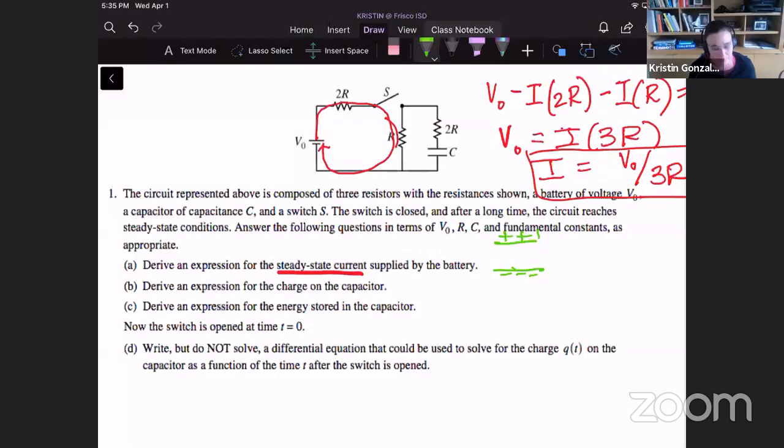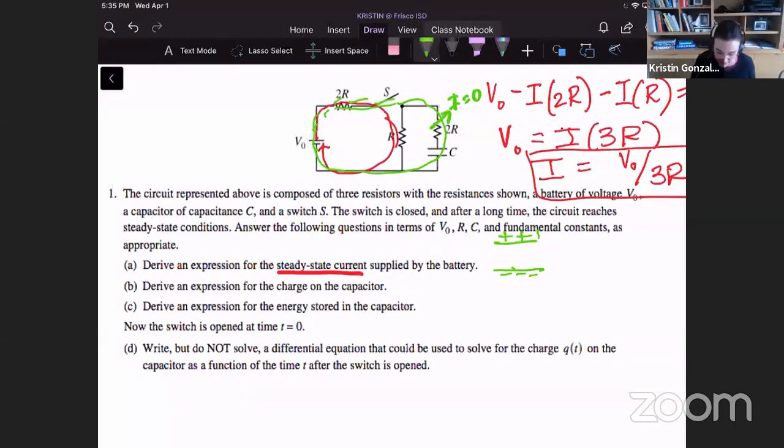What could we say that potential difference is? If this is acting like an open switch, the current through this branch is going to be 0. So if we take this outside loop, the only potential difference we would have is that drop across the capacitor.